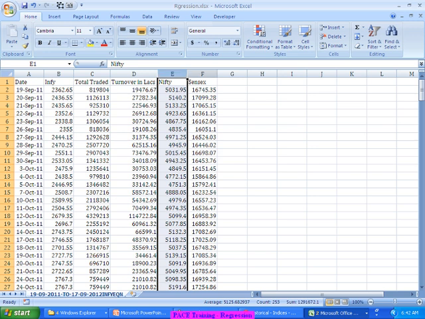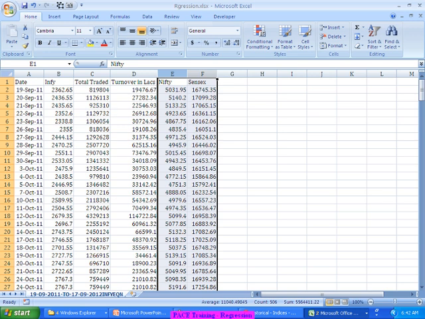I can even have multiple independent variables. I may say the closing price of Infosys depends both on Nifty as well as Sensex. The dependent variable is always one, but independent variables can be either one or more than one.